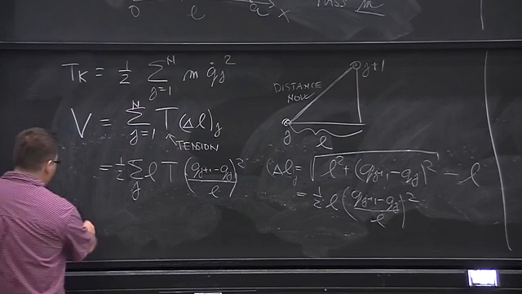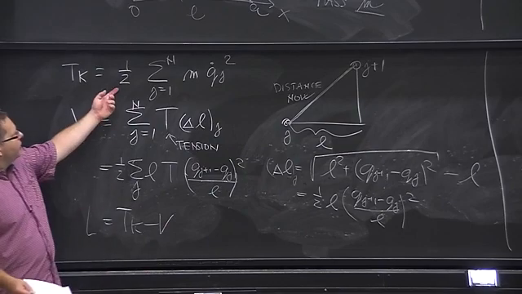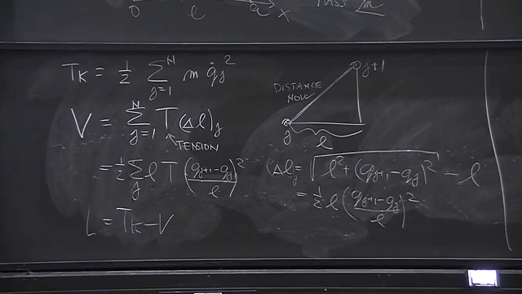The Lagrangian is just T kinetic minus the potential energy, and it's just this minus that. Everybody happy so far?